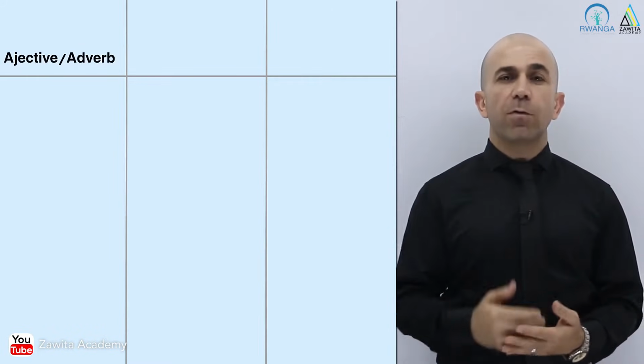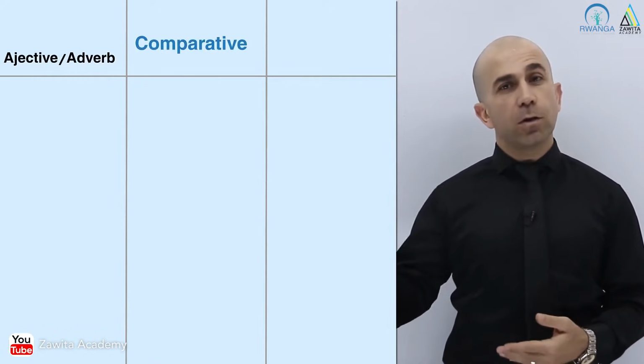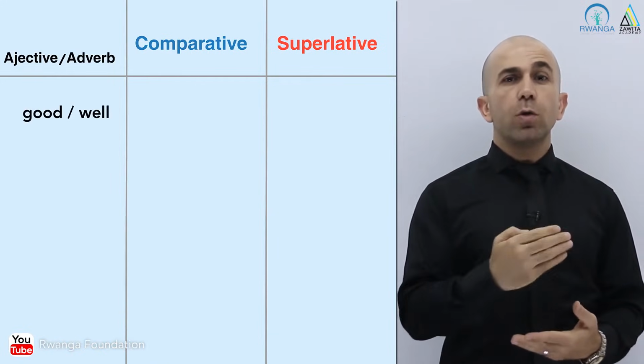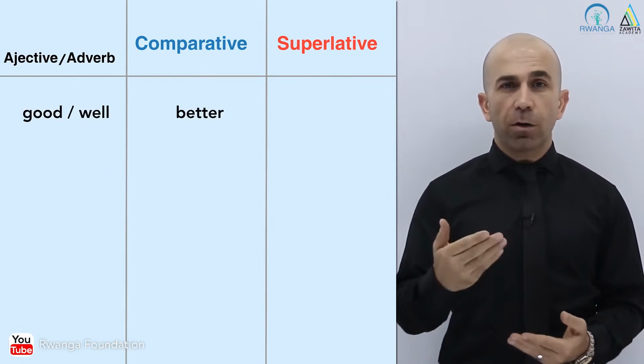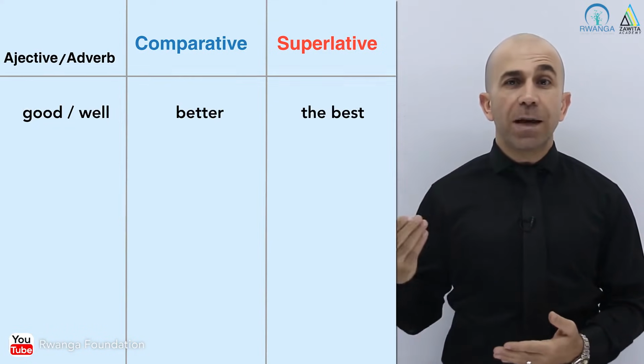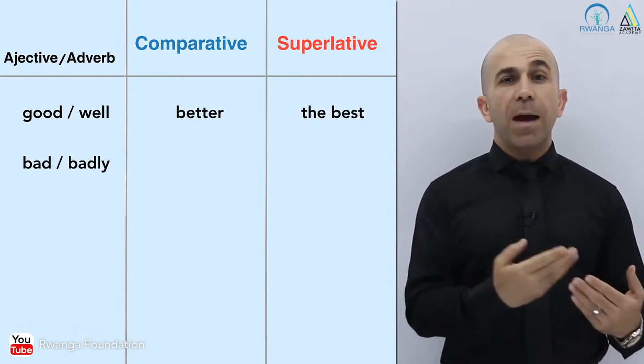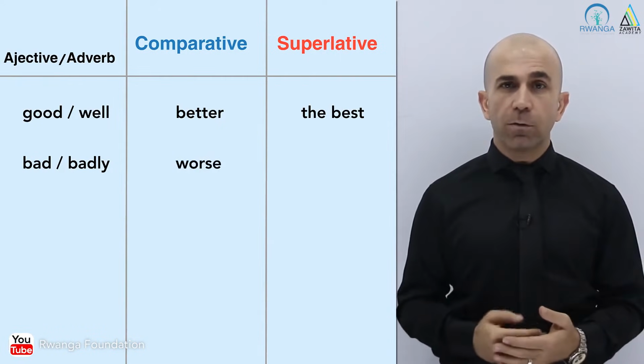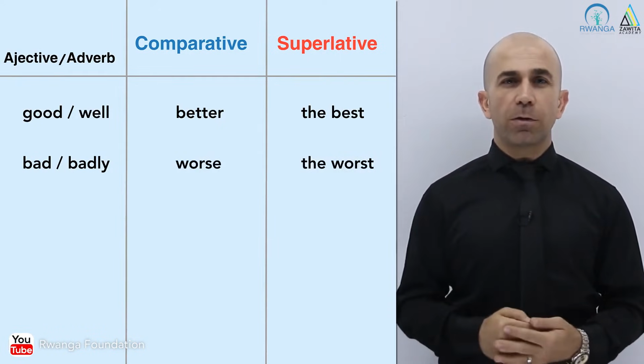Let's look at this table. We have adjective or adverb, then comparative, then superlative. The words are good or well, better for comparative, the best for superlative. Bad or badly, worse for comparative, and the worst for superlative.